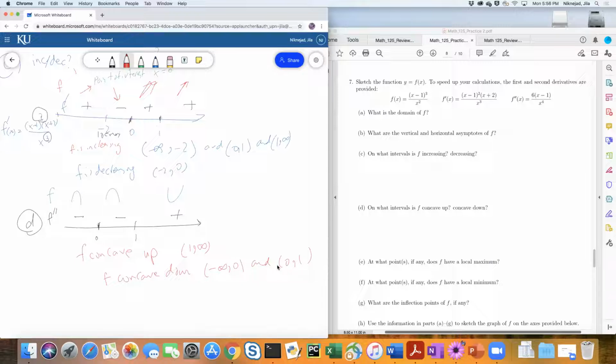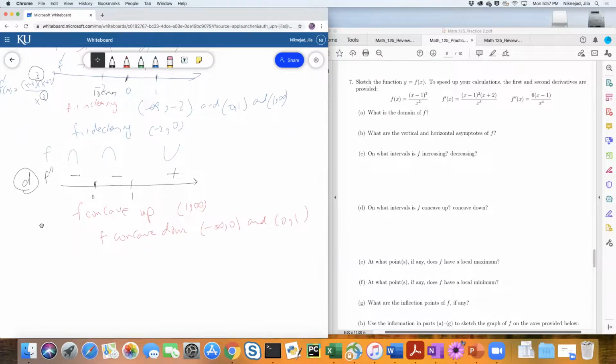All good? So it's concave up just if it's positive. Yes, concave up is positive, the smiley face, basically a valley. The hill is the frowny face, when F double prime is negative.